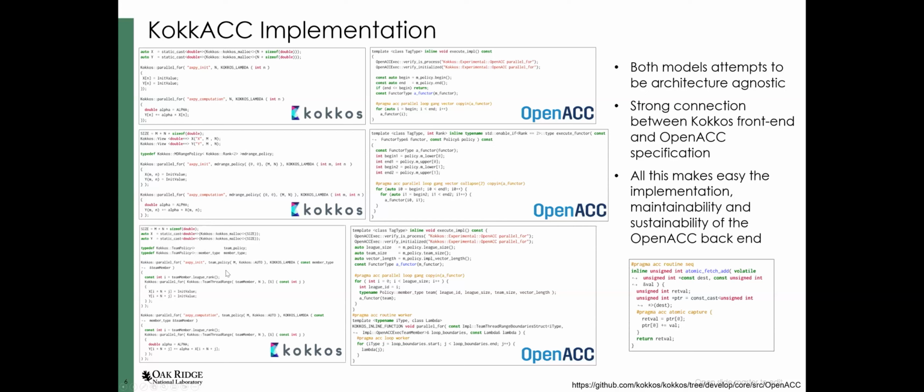And then at the bottom, we have the same operation, but instead of using the multidimensional range API, we are using hierarchical parallelism. And on the right, we have the implementation of that. So as you can see, the OpenACC implementation is extremely easy to do.